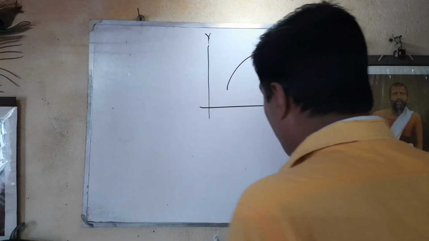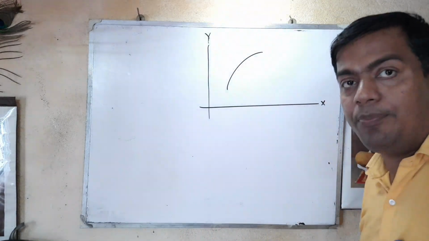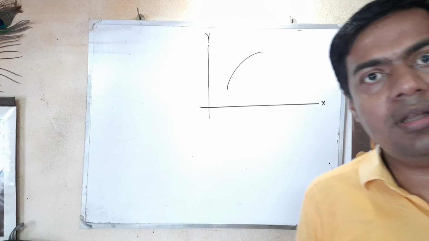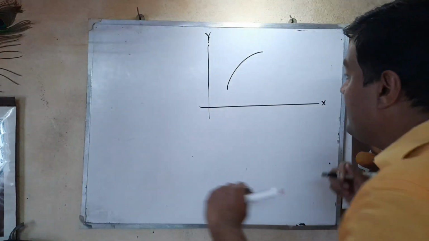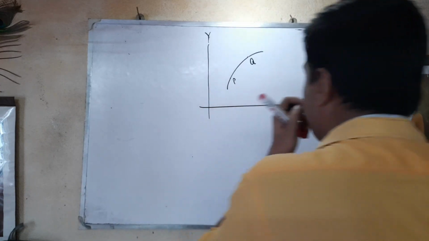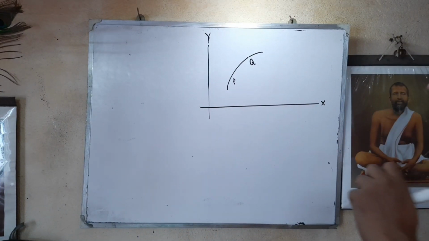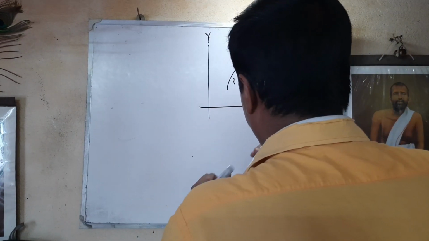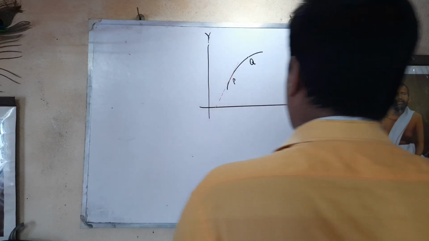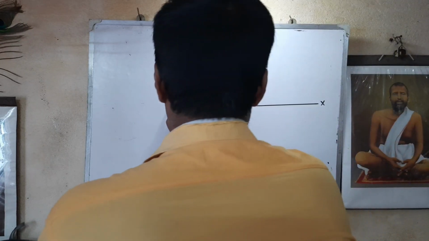We shall have to perform the same type of operations, that is, investigate whether the slope is increasing or decreasing. Now let us consider two points P and Q, like our previous cases. Over this curve, I am drawing a tangent at point P. Similarly, I am drawing a tangent at point Q.